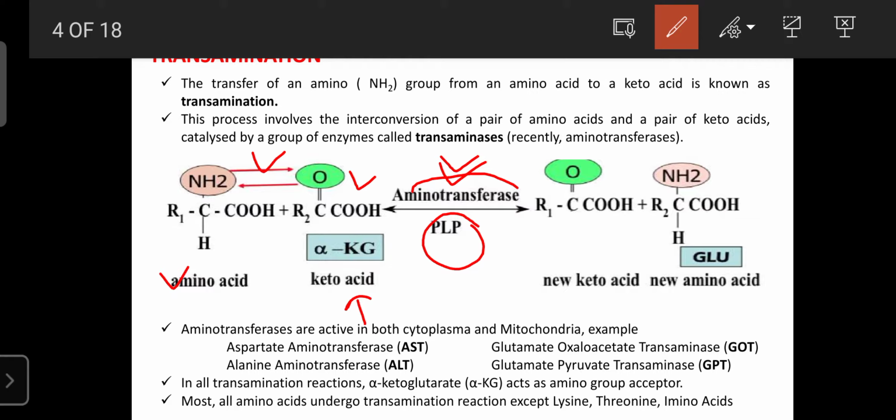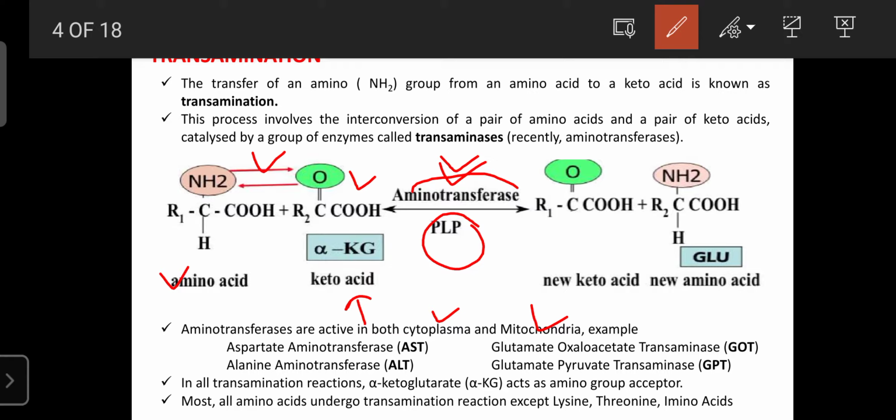This enzyme is mainly active in both cytoplasm as well as mitochondria. Along with the PLP, it is helpful for transferring the amino group from amino acid to keto acid.